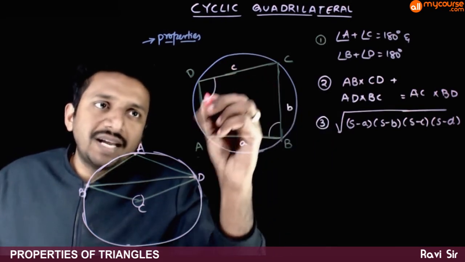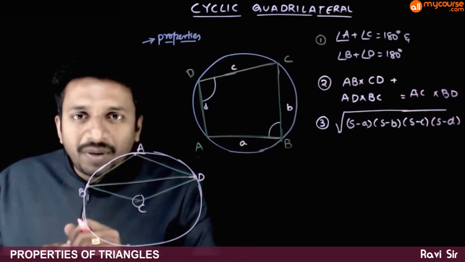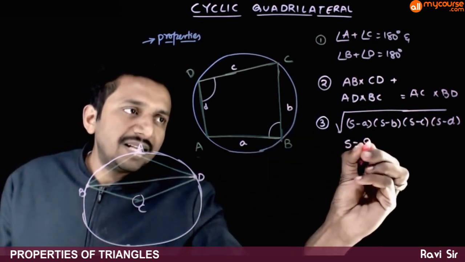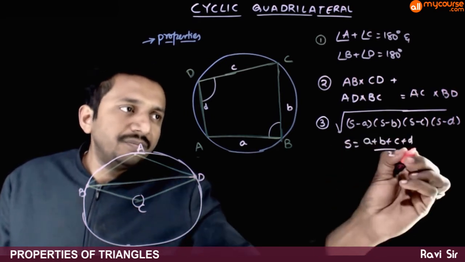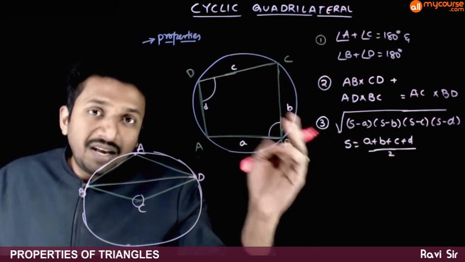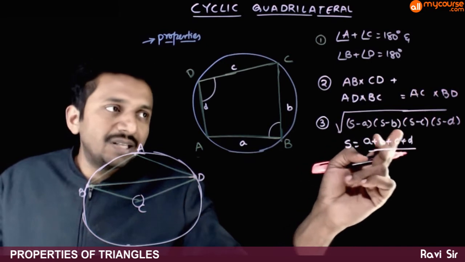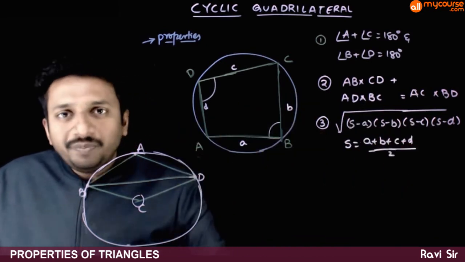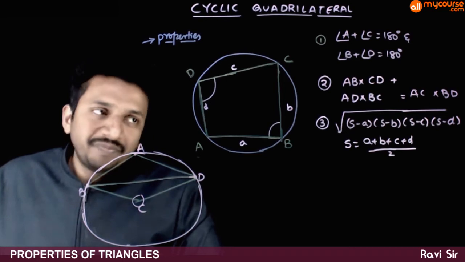If you take the four sides as A, B, C, D, S is as usual the semi-perimeter, so S is (A plus B plus C plus D) by 2. So this is the third property of the cyclic quadrilateral.